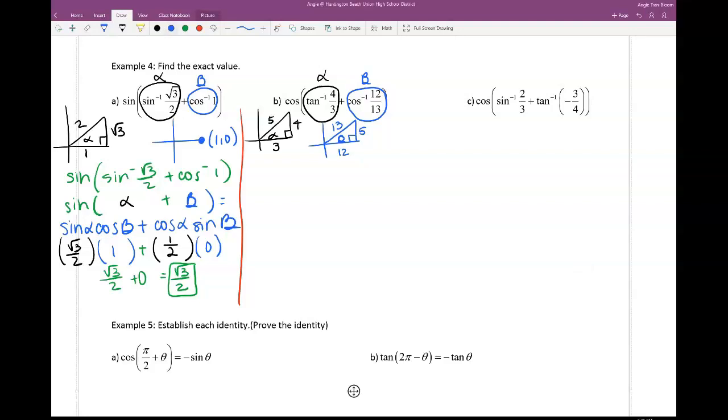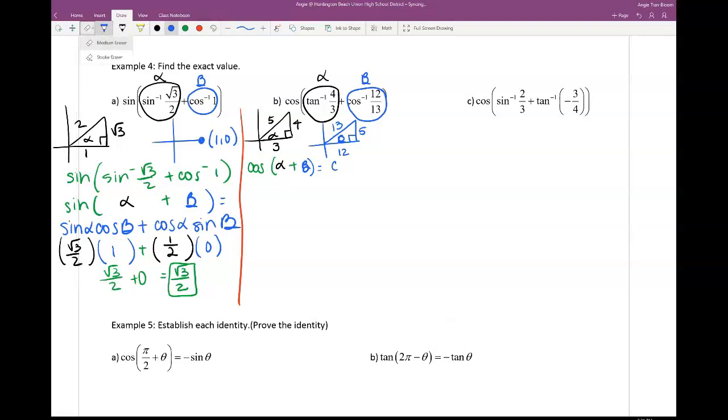I'm using cosine of alpha, which is the black triangle, plus beta, which is the blue triangle. Do you know what the identity is? Can you help me write that out? Okay, let's write it out together.